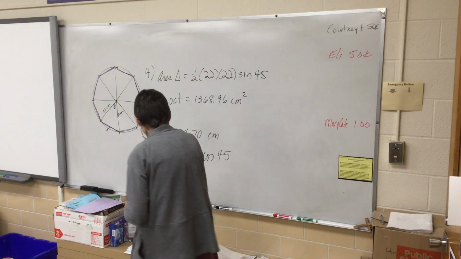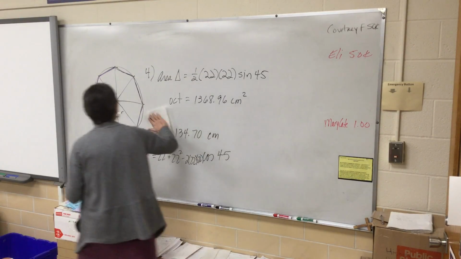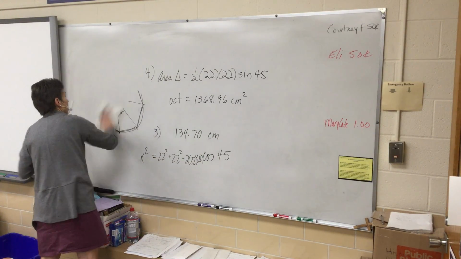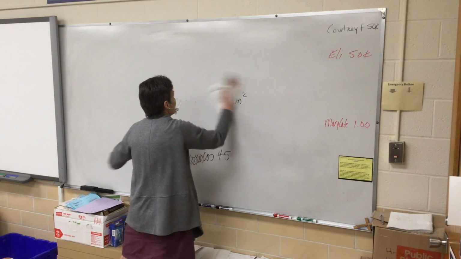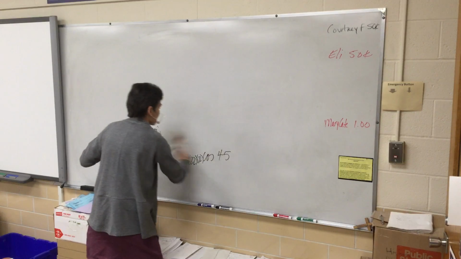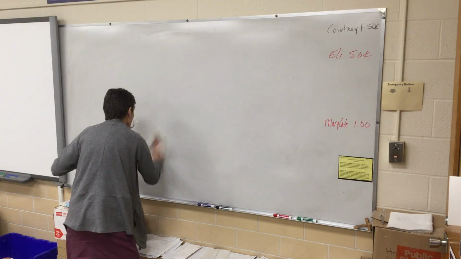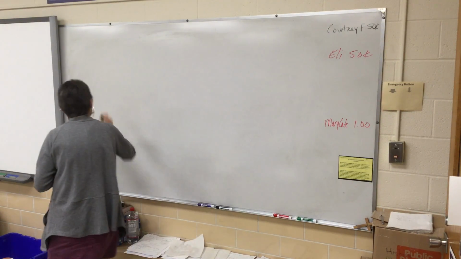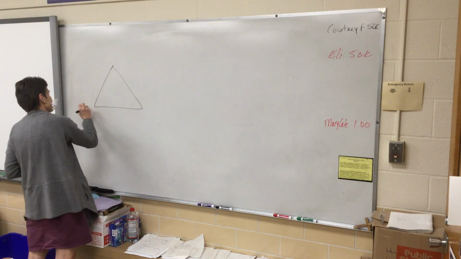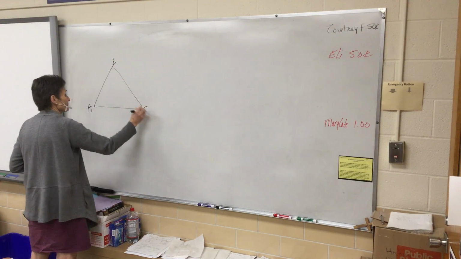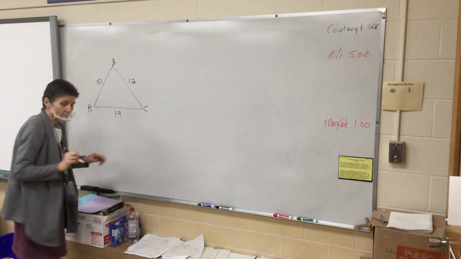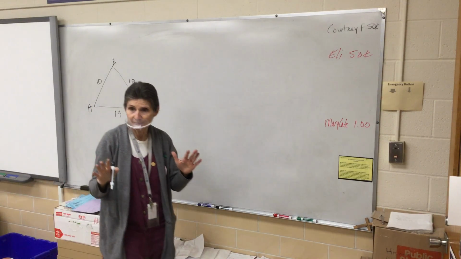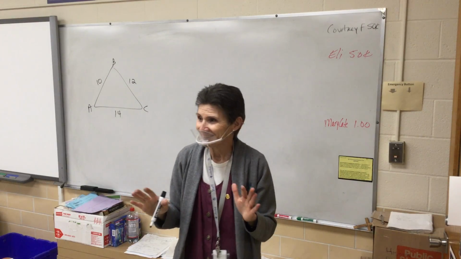Okay, so it says solve the triangle. So this is another one where some of you are going to have to control yourselves, because when you see a triangle that looks like this, the first thing you think of is what?